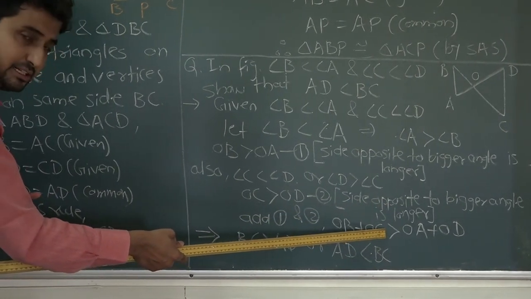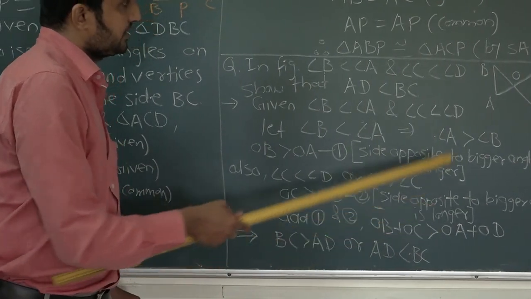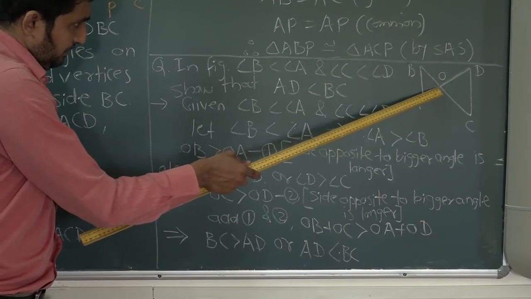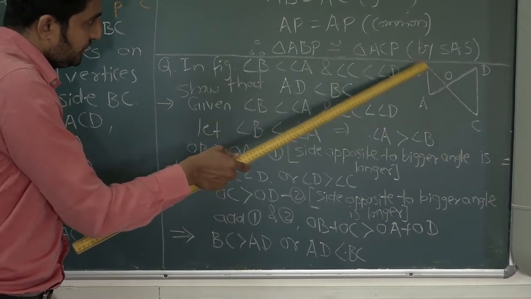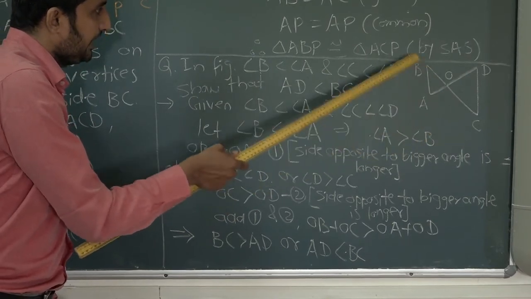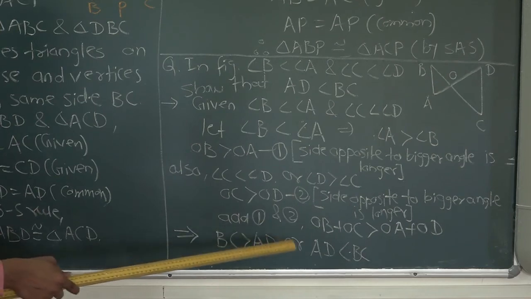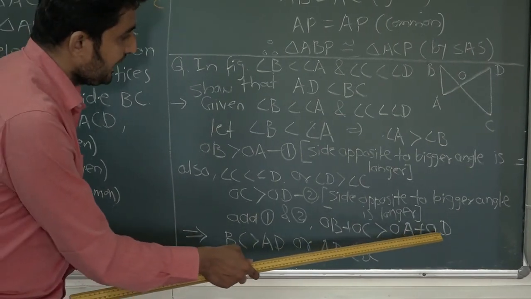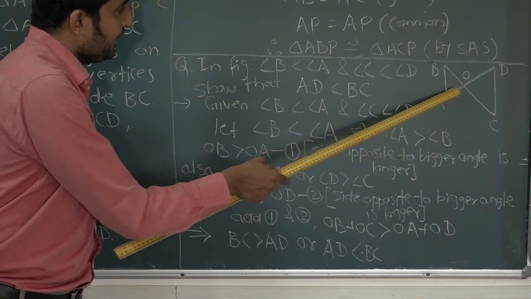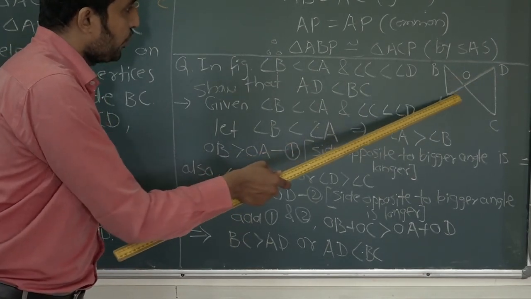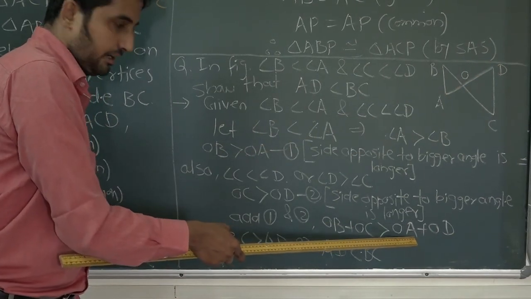The symbol between them is greater than. Now, if you observe OB plus OC, dear students, what do we get here? OB plus OC, we get BC in totality. Again, here you are adding OA and OD. If you add them, OA plus OD, we get AD in totality.